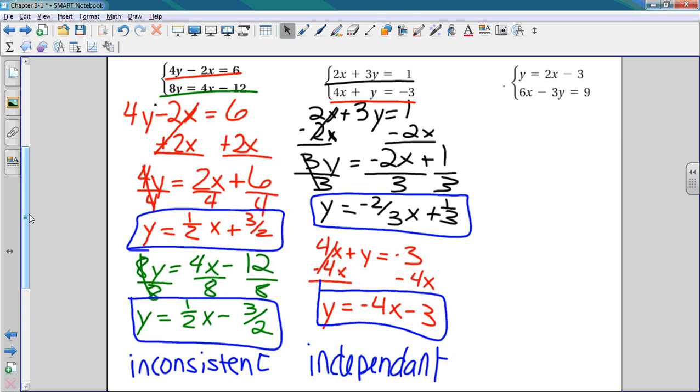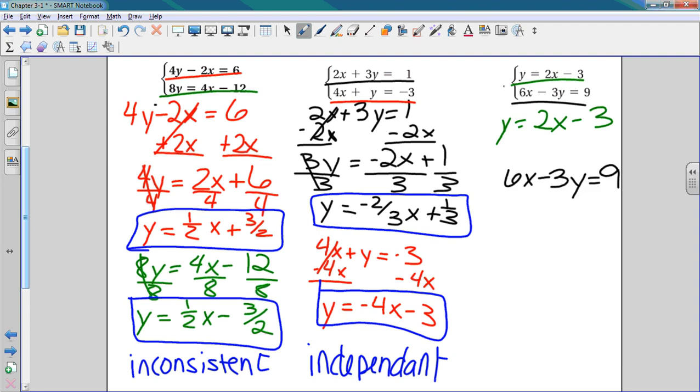Now, let's do this one. Well, look at that. y equals 2x minus 3. I don't have to do anything to solve for y for that one. Sweet. Now, let's do the next one. 6x minus 3y equals 9. Subtract 6x.